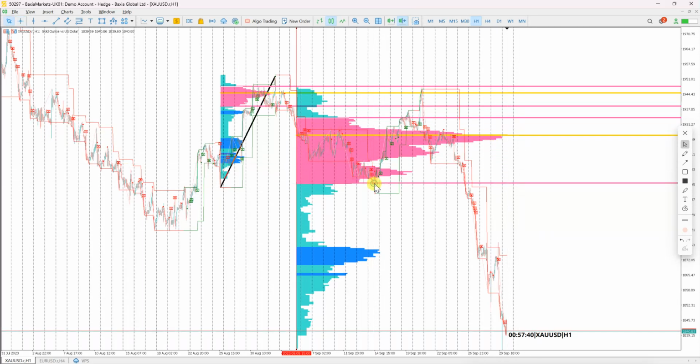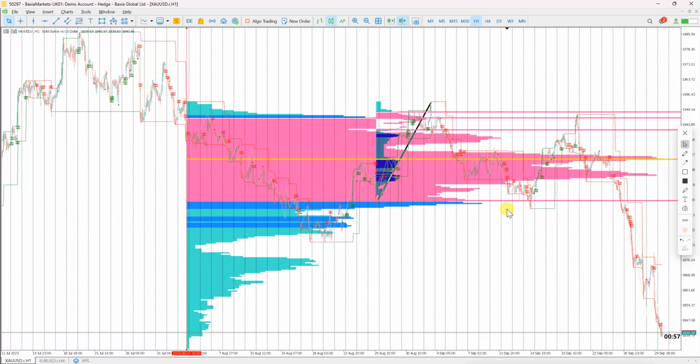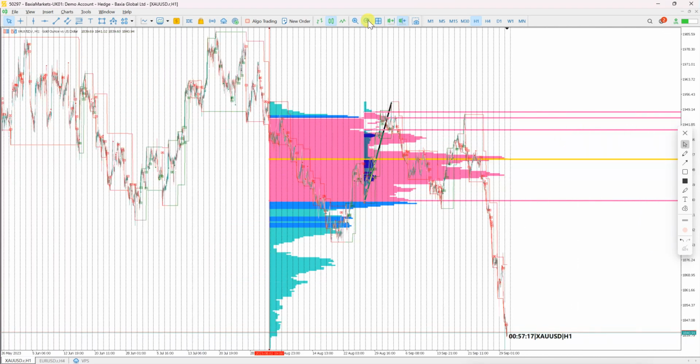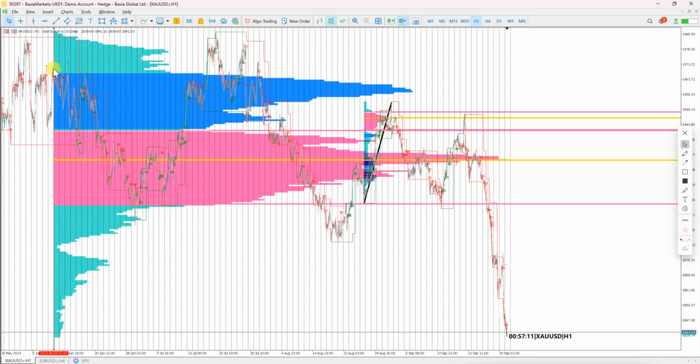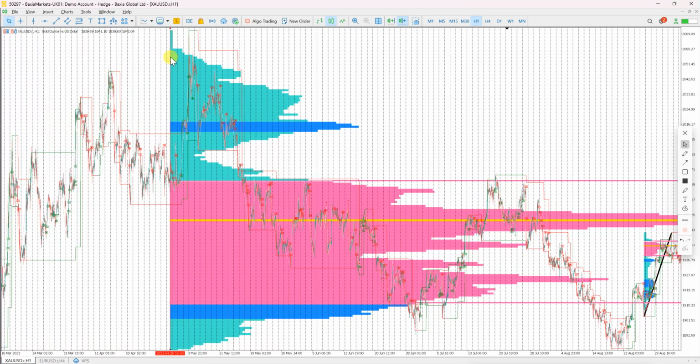It will plot the volume profile from wherever it is located. If I put it here, it will calculate all the volume profile from this time until now, and I can go as far back as the chart could possibly do.